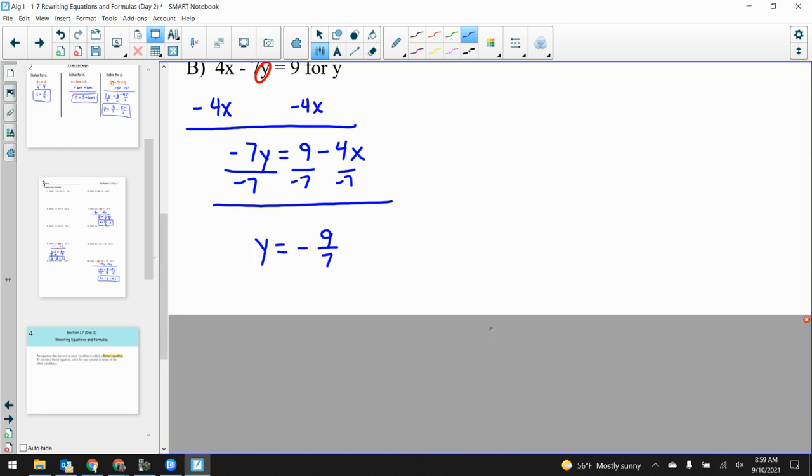But look here, negative divided by negative. Something does happen to the second piece here. Plus 4/7 x. That's my answer here. Negative 9/7 plus 4/7 x. Questions about that? Okay, I want you to try C on your own.